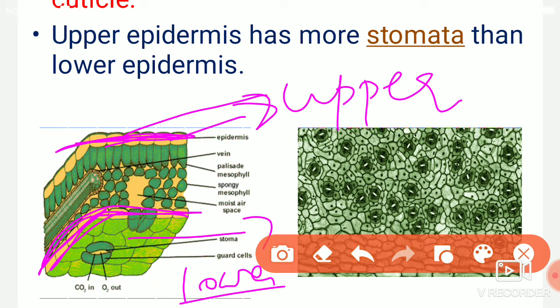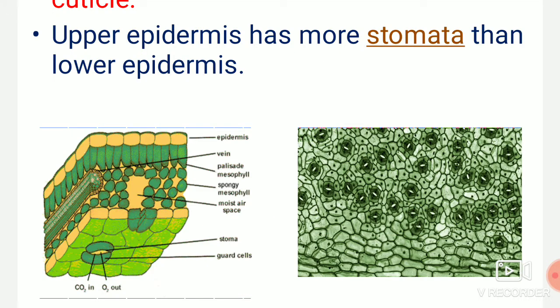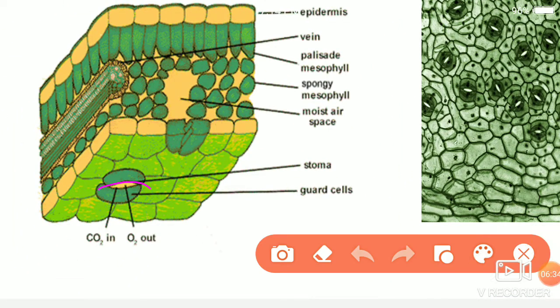Mainly it consists of epidermal cells. This we studied in the root and stem. Same here also, the epidermis consists of epidermal cells, and mainly it also has stomata.